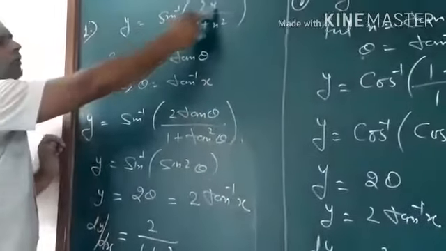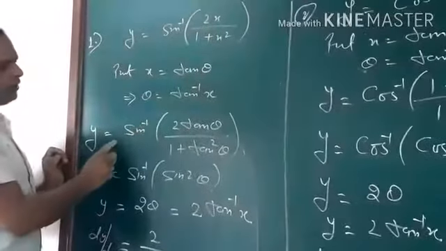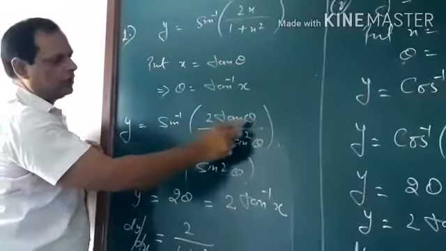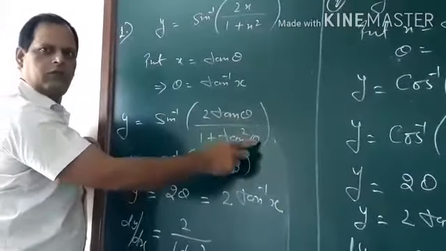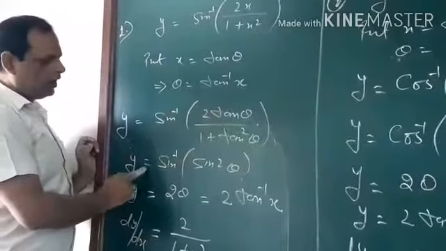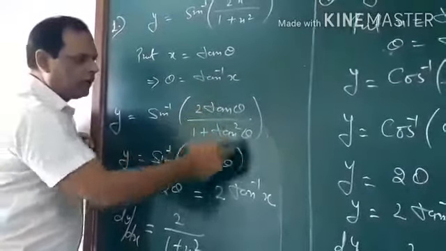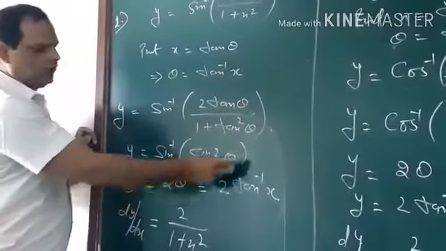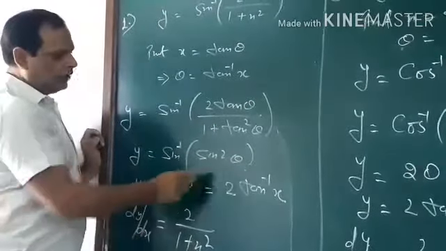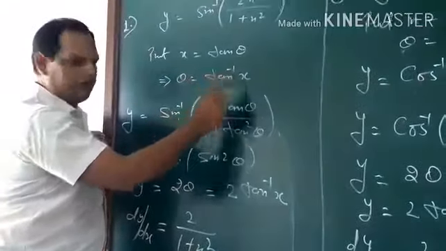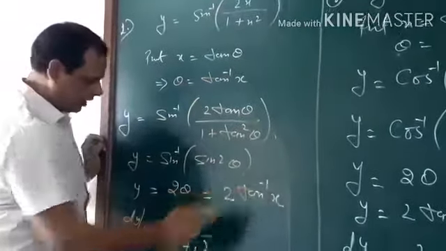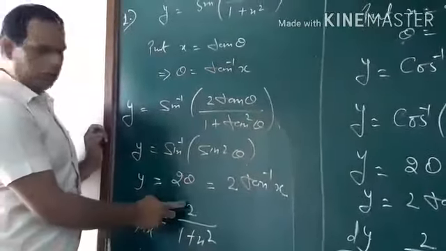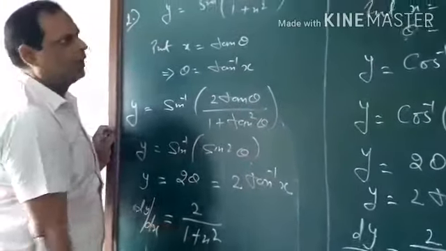Now substituting x as tan theta, y equal to sin inverse 2 tan theta upon 1 plus tan square theta. This expression is equal to sin 2 theta, so sin inverse and sin cancel, and the value is 2 theta. In place of theta we substitute tan inverse x, so 2 tan inverse x. dy upon dx equal to 2 upon 1 plus x square.